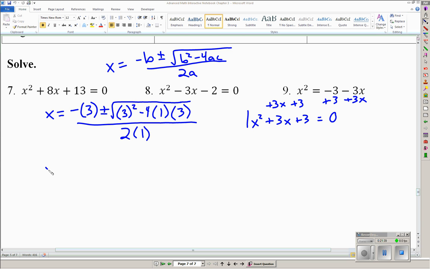Now simplify each section. The negative of 3 is negative 3. 3 squared is 9. 4 times 1 times 3 is 12. So we have 9 minus 12 is negative 3. All over 2 times 1 is 2.